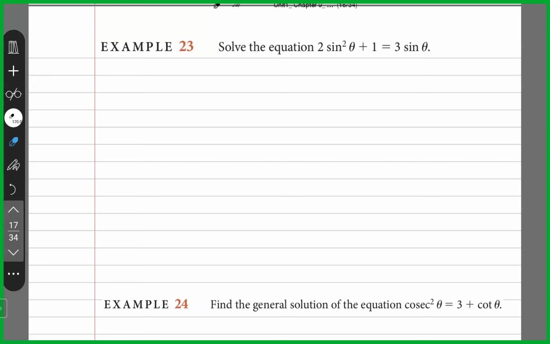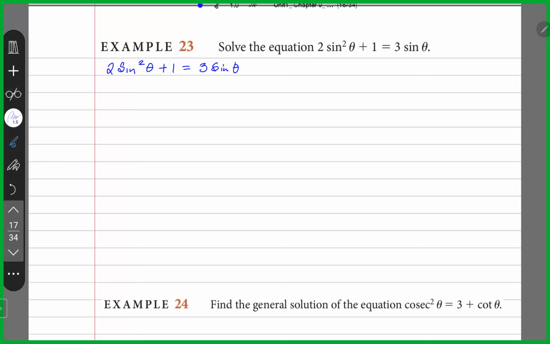All right, so example 23 is asking us to solve the trigonometric quadratic equation 2 sine squared theta plus 1 is equal to 3 sine theta.